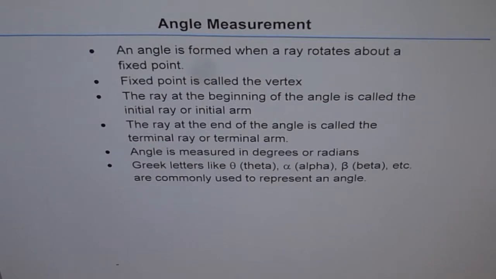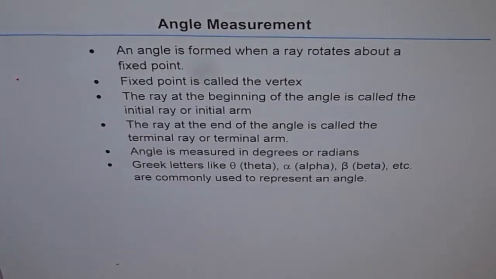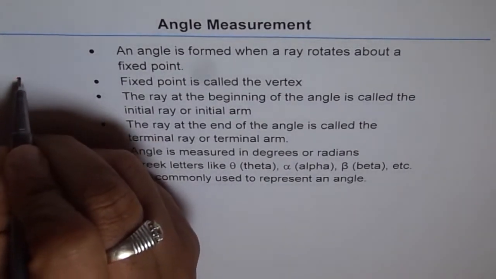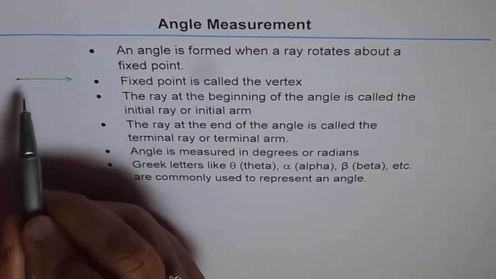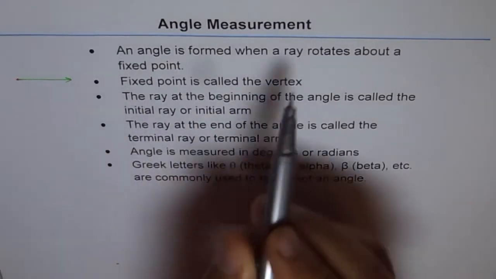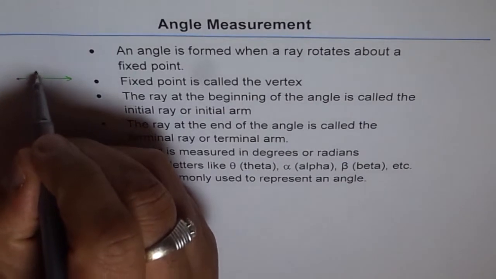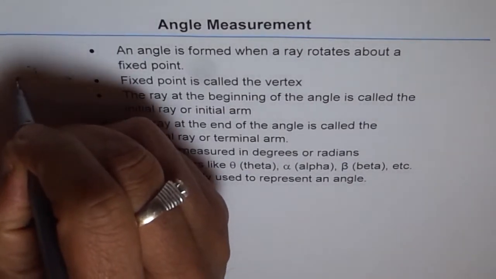So think like this. Let's say this is a fixed point and we have something starting from here. A ray goes in one direction from a point, so that is why we use the word ray here, okay? Rotates about a fixed point means it moves like this, right? And it comes to this position.